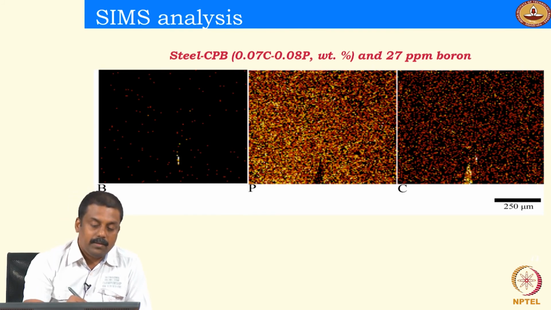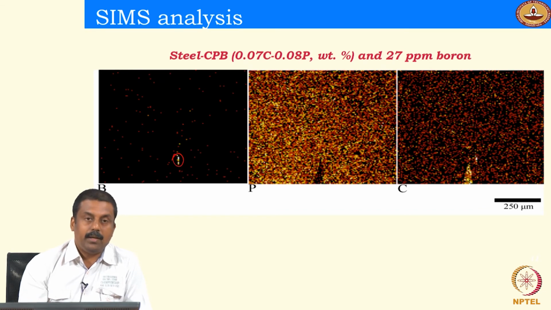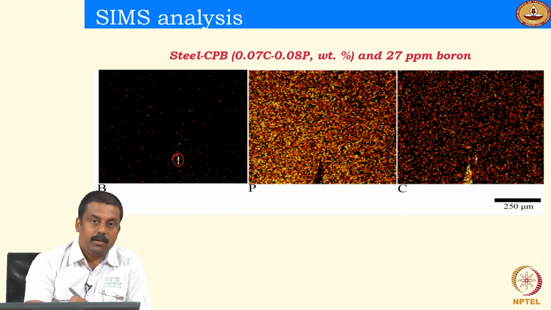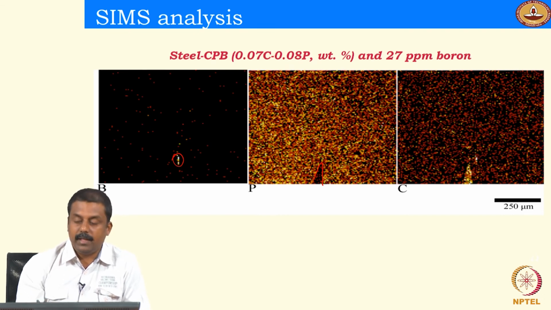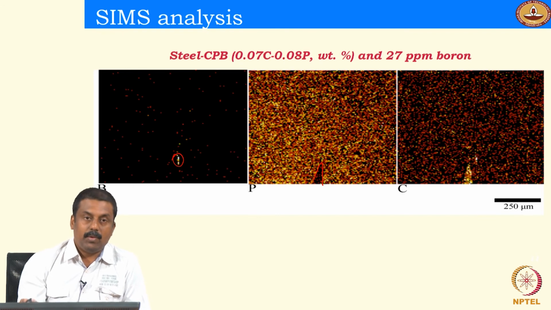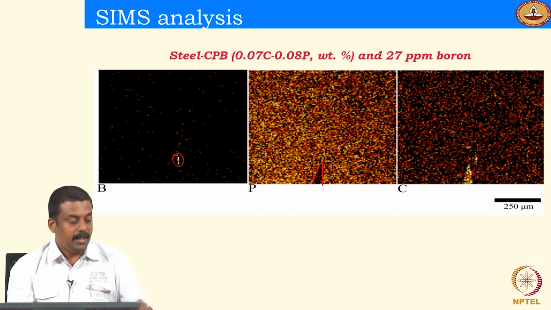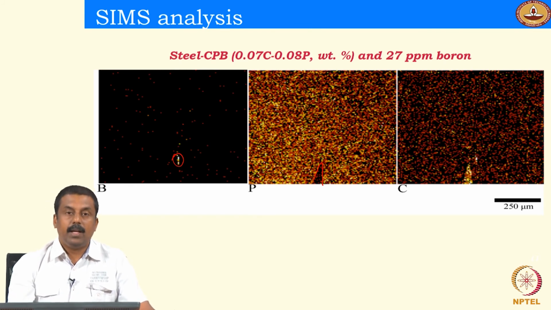If you look at the central line, you see a boron segregation, and where you have boron segregation, you see a depletion of phosphorus concentration at other locations close by. That means that boron indeed stops the phosphorus atoms coming to the unsolidified liquid, thereby the phosphorus-induced grain boundary embrittlement can be avoided.